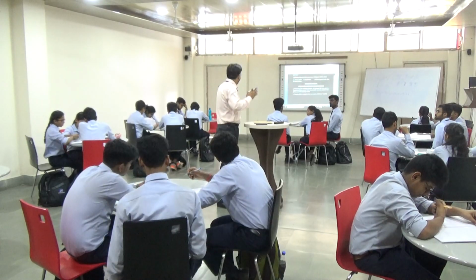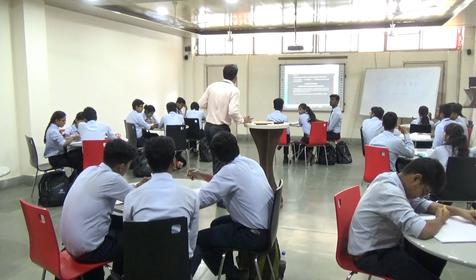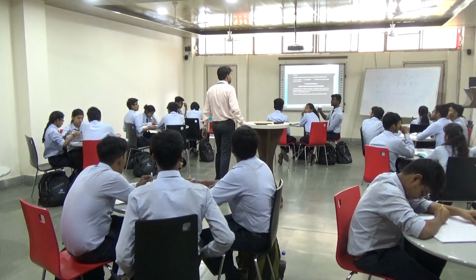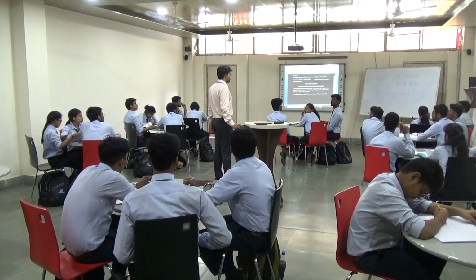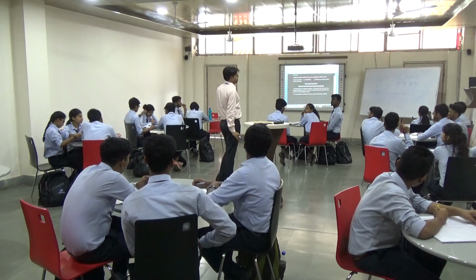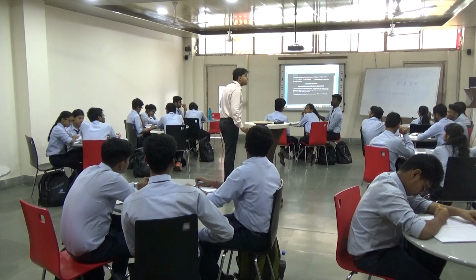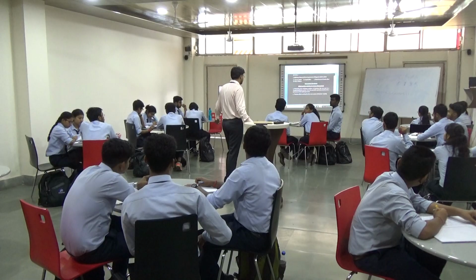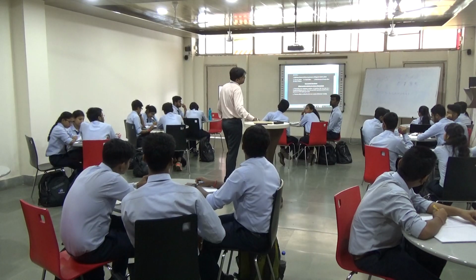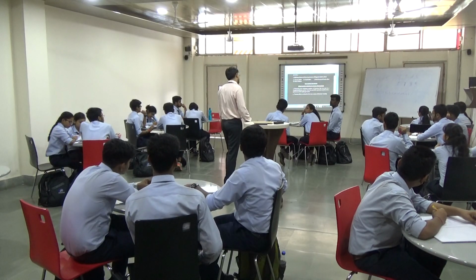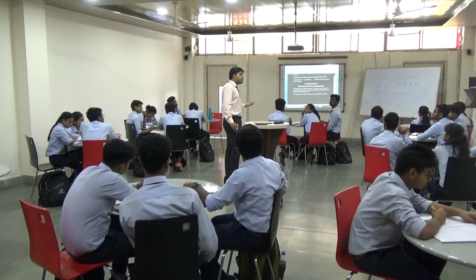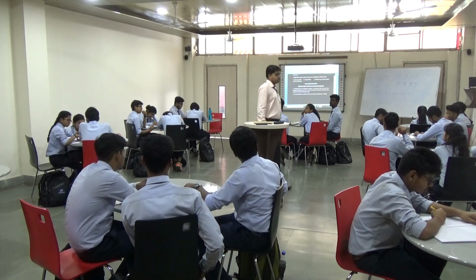Zeeman effect is related to the magnetic quantum number. It shows the presence of orbital. Orbital means which nature? That is the electron cloud. Which nature? Obviously wave nature. So you can't explain Zeeman effect without the wave nature of the electron, because orbital is the wave nature of electron.